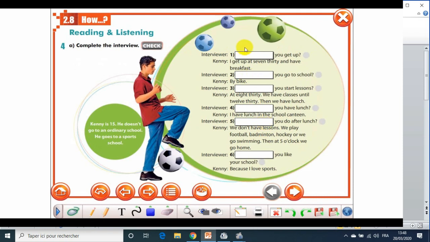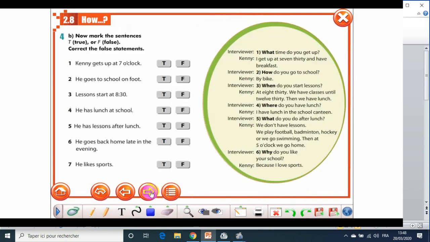It's correct. Clear? So you do number 1, 2, 3, 4, 5, 6, and next time we will correct it. It's an exercise, or it's a homework. All right.